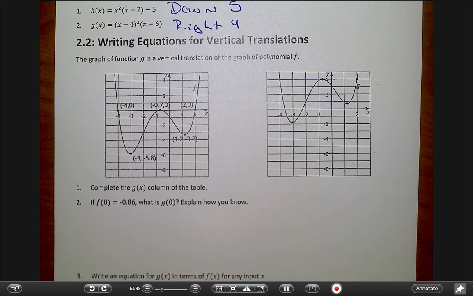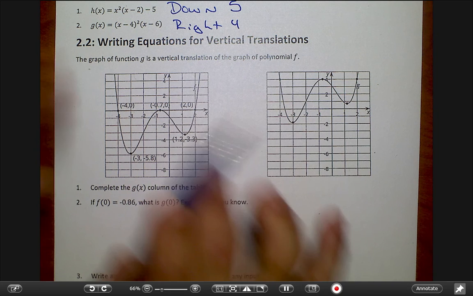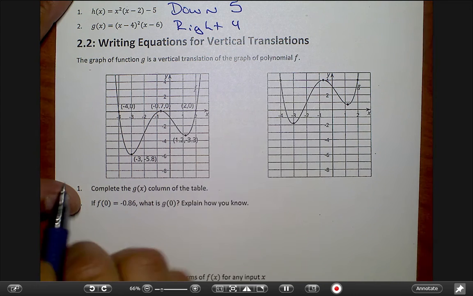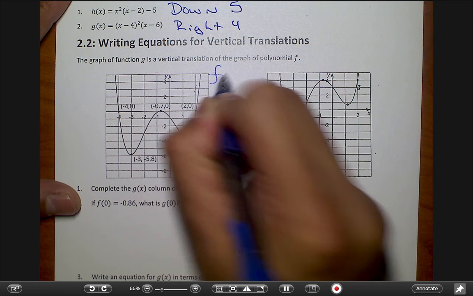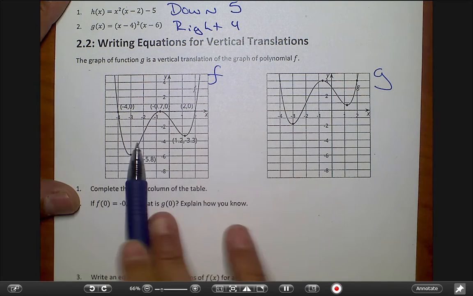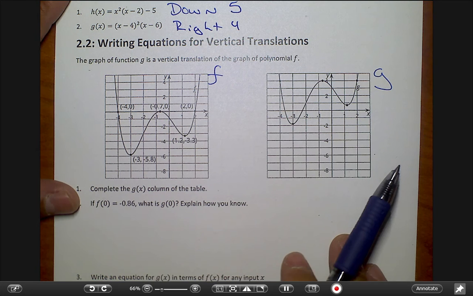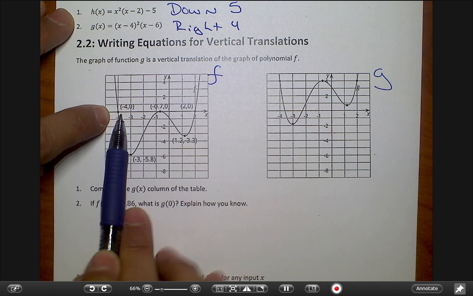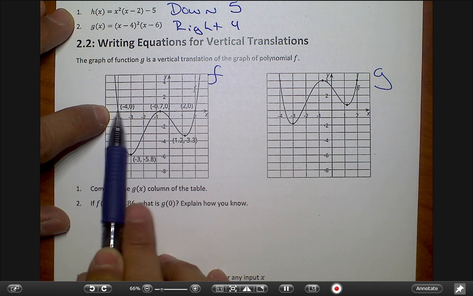All right, so it says writing equations for vertical translations. So graph of function g is a vertical translation of polynomial f. So this one is f and this one is g. So they already moved. So starting off here, this is -4, 0.